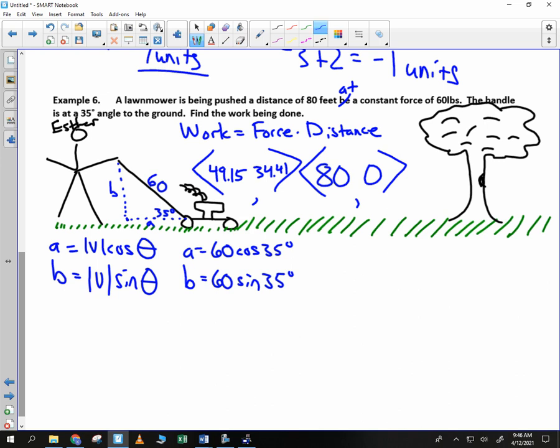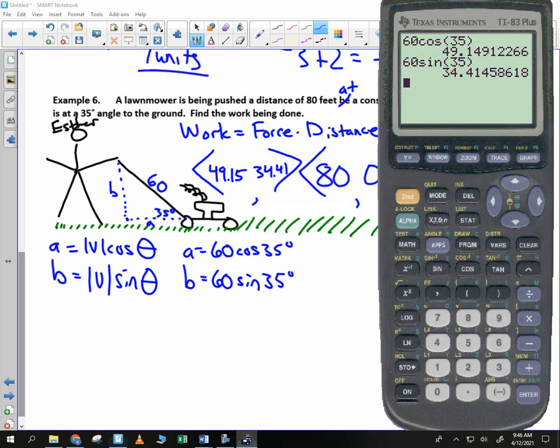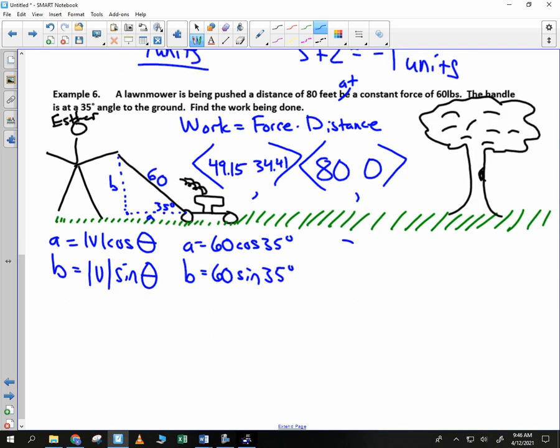So if you take 49.15 times 80, we get 3,932. And we add that to 0, and we get 3,932. And how do we measure it? We measure it as force times distance. So distance is in feet, and then the multiplication sign, pounds, foot-pounds. That's our work, foot-pounds.